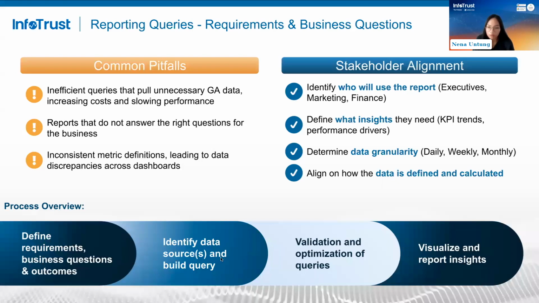So at a high level, the process of building a query can be broken down into these 4 steps. First, define the requirements, then look into what relevant data sources are available and can meet those requirements, then start building a query and optimize it, and then eventually visualize and report on the insights.